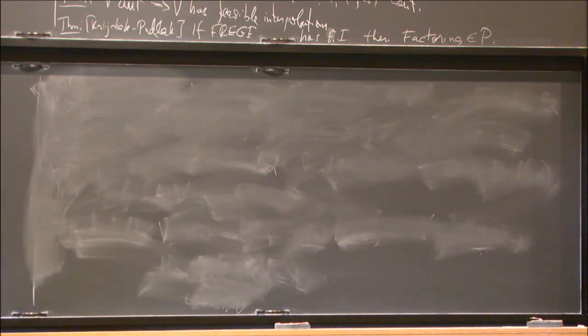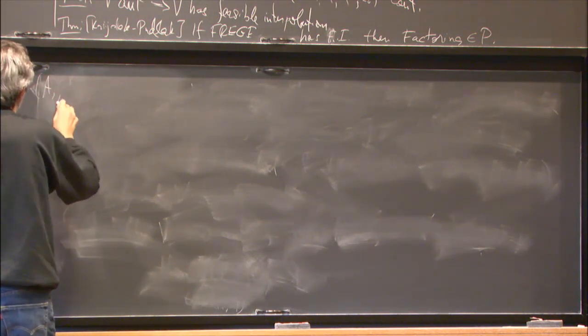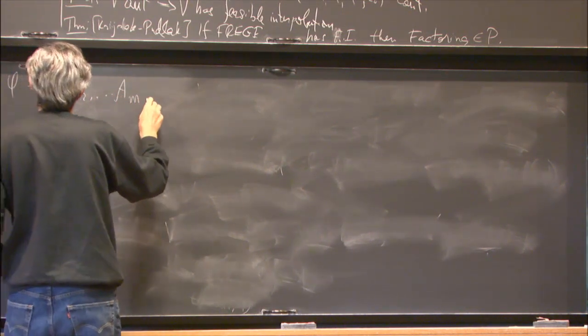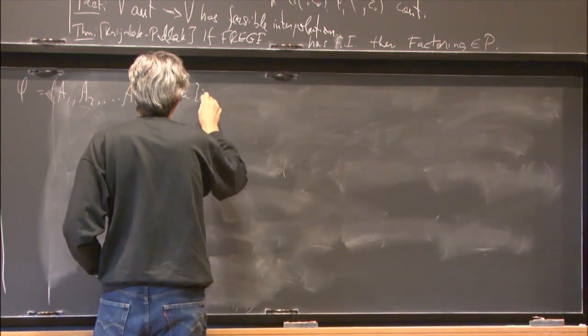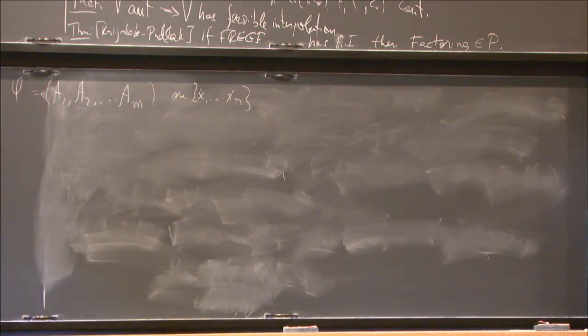I will denote always phi; these are functions or formulas on x1 to xn. These are the variables, these are the given formulas.